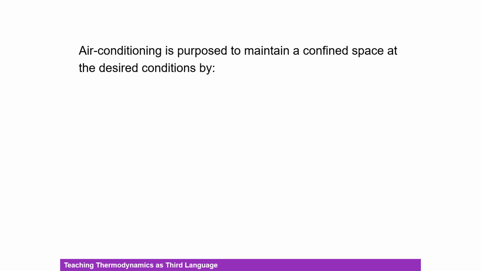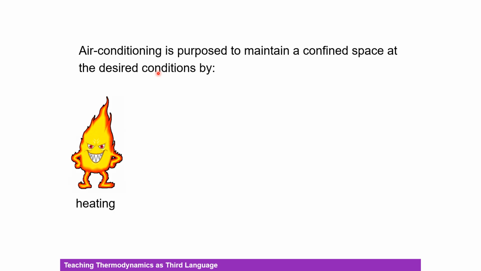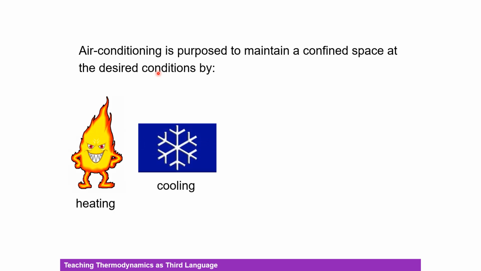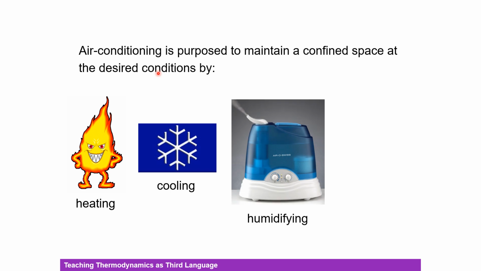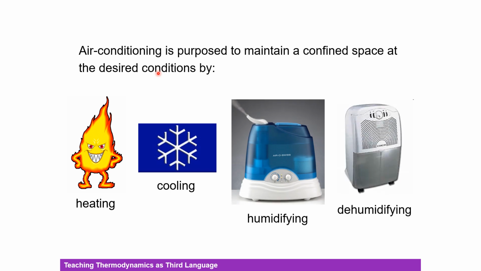So air conditioning, as we have discussed, has the purpose of maintaining a confined space at the desired conditions. And how do you do that? It is by either heating, or you can cool down the air, or you can humidify if the humidity level is too low, or you can dehumidify if the humidity is too high.